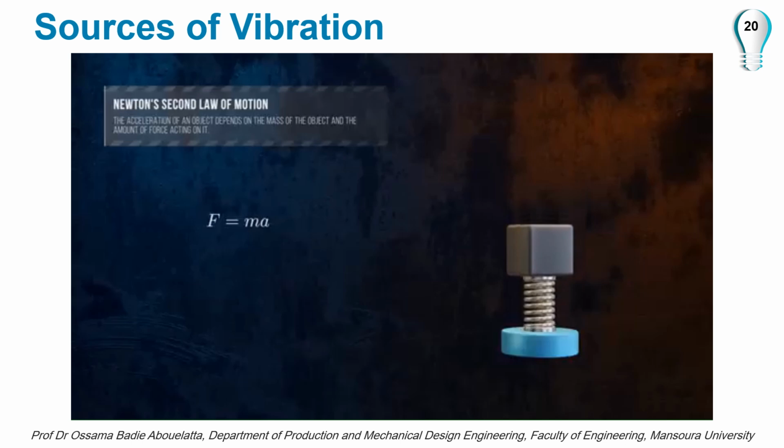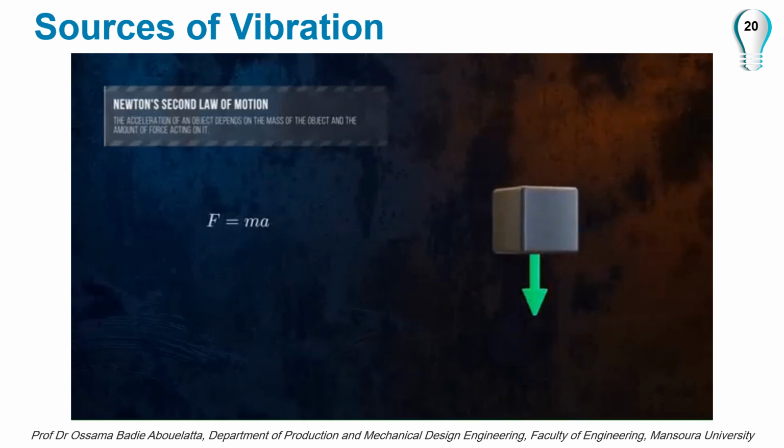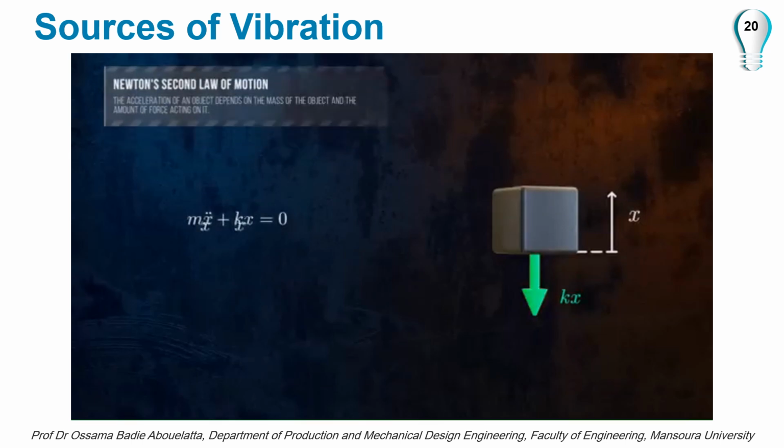There is only one force, the force exerted by the spring, which is equal to the displacement x multiplied by the spring stiffness, k. And so, we obtain the equation of motion for the system. This is an ordinary differential equation, and the solution is a sinusoidal function.